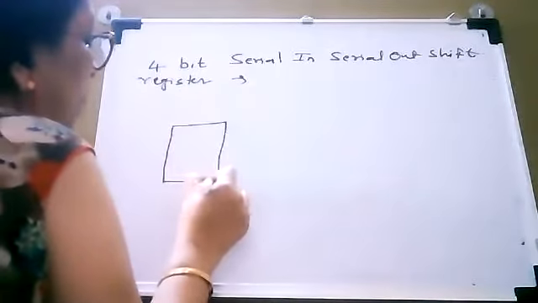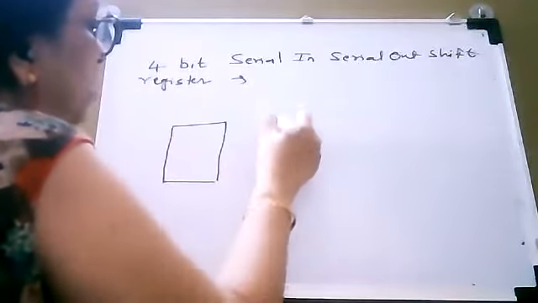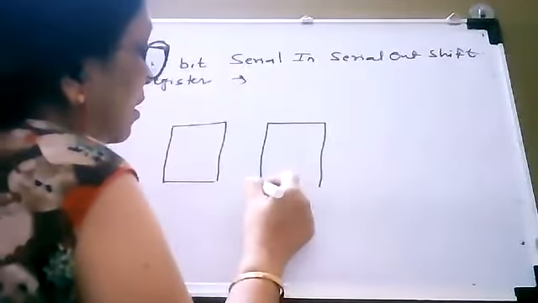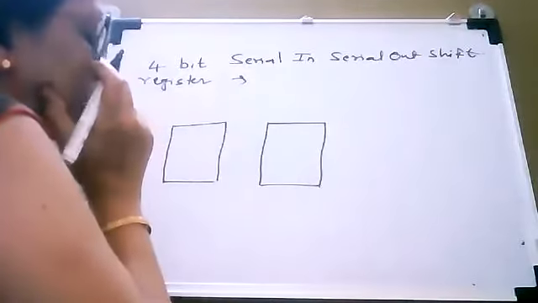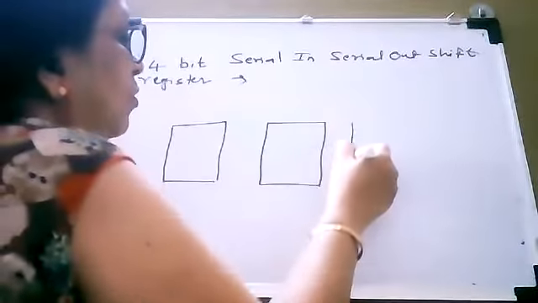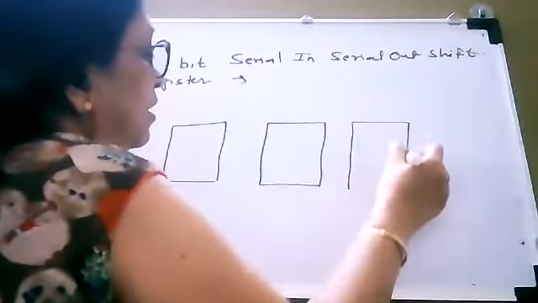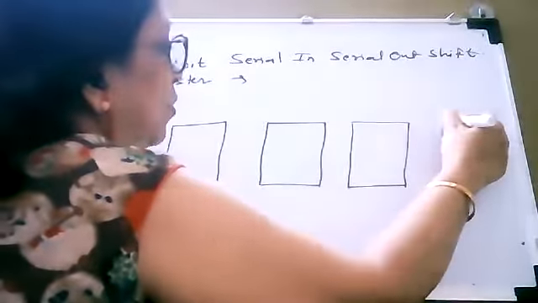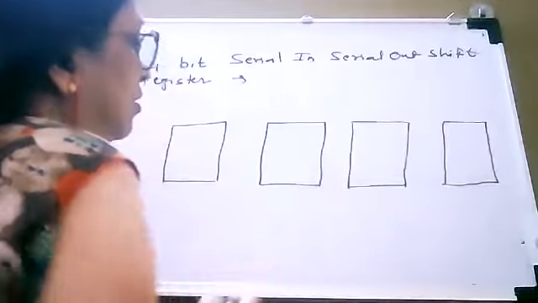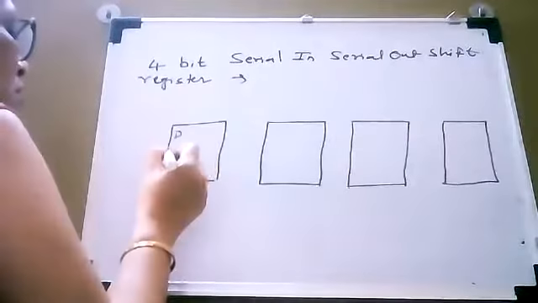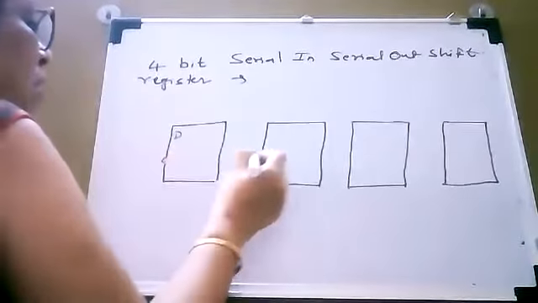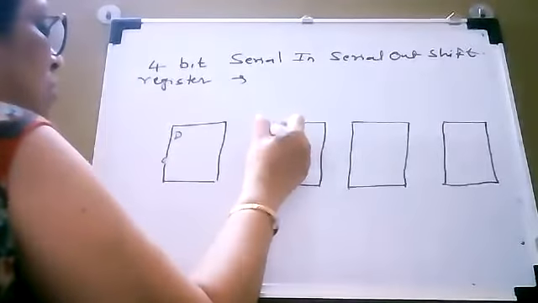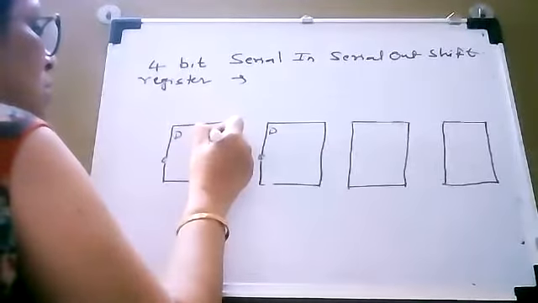So for a 4-bit shift register, we will require 4 D flip-flops. If you want to construct a diagram for a 3-bit register, then you have to use 3 flip-flops. For 2-bit, you have to use 2 flip-flops. Like so, the number of flip-flops depends on the number of bits. So this has an input and this has a clock.